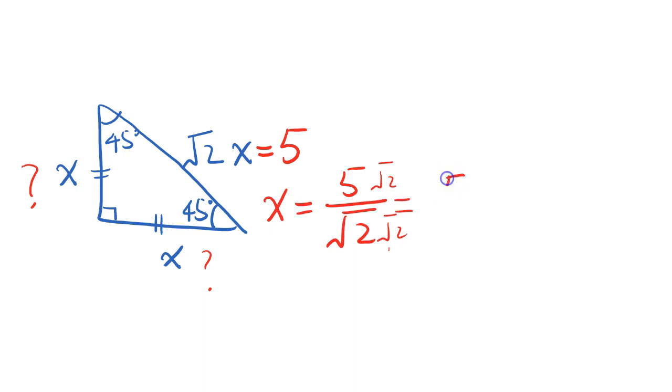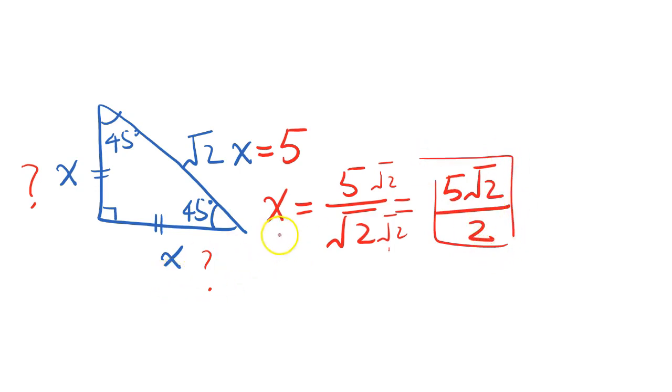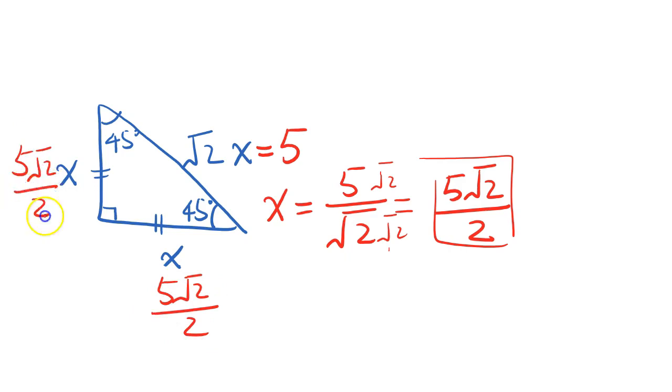Well, it doesn't really have to simplify it a lot, but we would get this to be the length. Since x is just 1 times x here, we don't have to multiply that by anything. So then we have our answer. These two sides are going to be that.